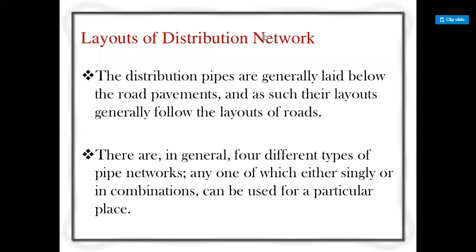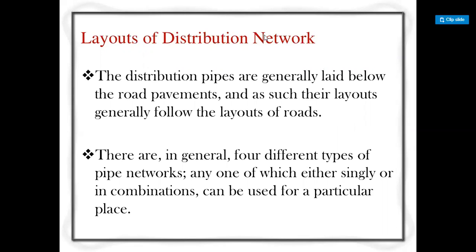Now see, the distribution pipes are generally laid below the road pavements, and so their layout generally follows the layout of the road. That is, in any city, town or area, the distribution pipe system is generally laid under the road.